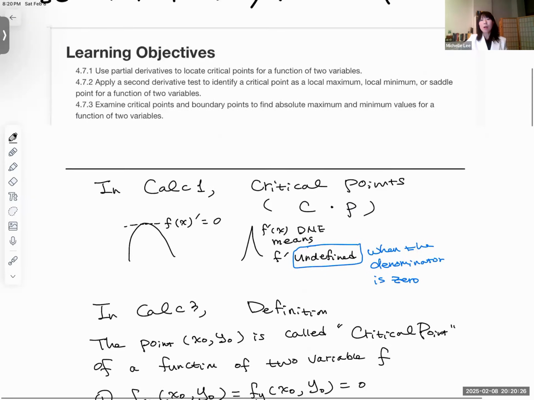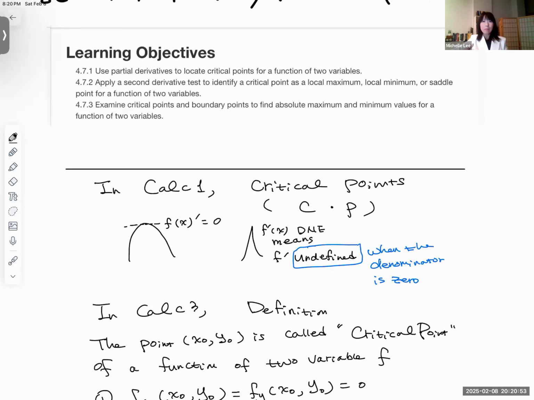In Calculus 1, how did we find the critical point? Let's denote it CP, critical numbers or critical points. When the derivative equals 0, and then we find the x, right? Or the derivative does not exist.